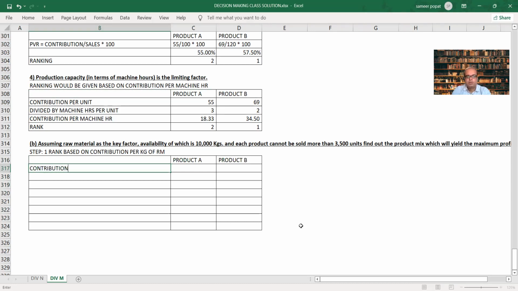First, it will start with contribution per unit, that is 55 and 69. Let us divide it by raw material kgs per unit.